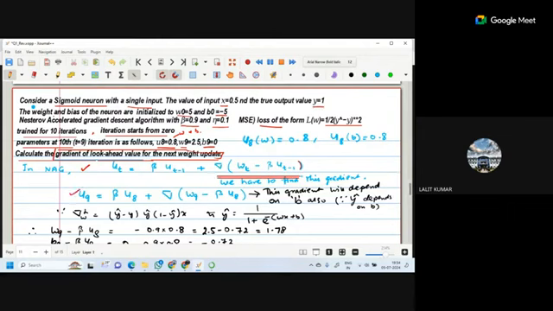So we take u9 is equal to beta u8 plus gradient of w9 minus beta into u8. Now remember, this is a sigmoid neuron. So for a sigmoid neuron, your derivative or the gradient formula is (y hat minus y) into y hat into (1 minus y hat) into x. And y hat depends on both w and b, so this gradient depends on b and w both.